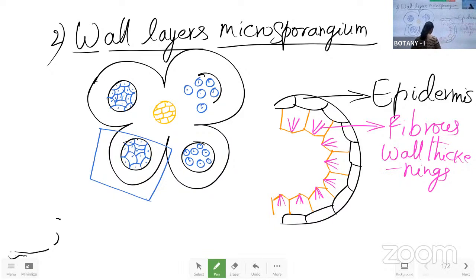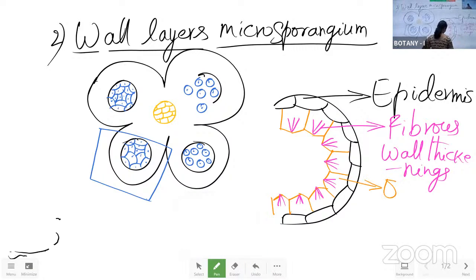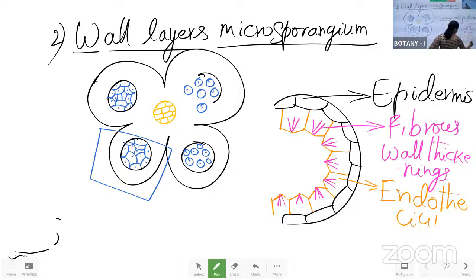Okay, and this is the endothelium. Endothelium. Okay, so the second wall layer in the microsporangium is the endothelium.